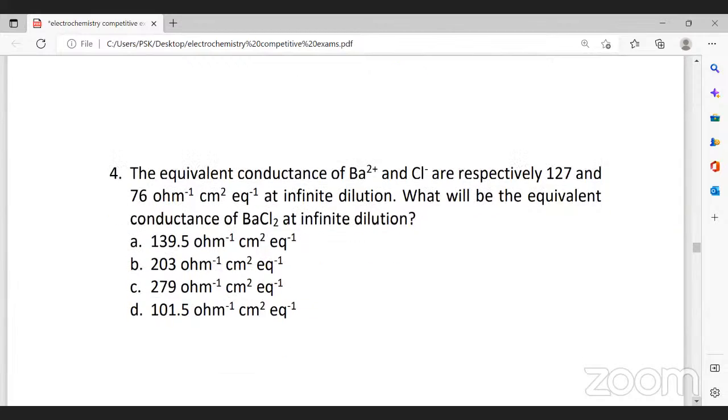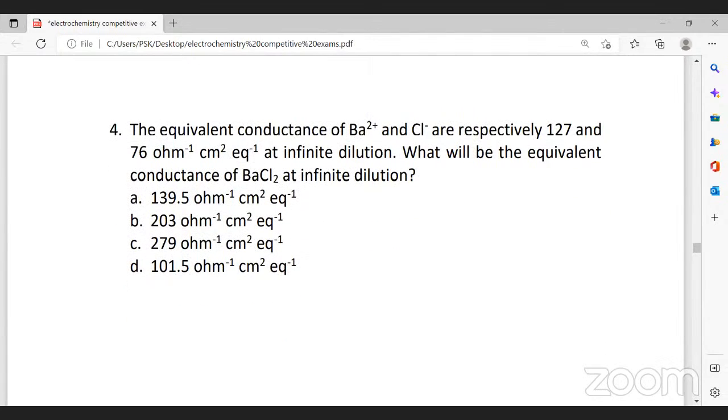The next question. The equivalent conductance of barium 2 plus and Cl minus are 127 and 76 per ohm centimeter square per equivalence at infinite dilution. What will be the equivalent conductance of barium chloride at infinite dilution? Lambda naught of barium chloride will be equal to lambda naught of barium 2 plus, plus 2 into lambda naught of Cl minus, because each barium chloride will give 2 chloride ions.